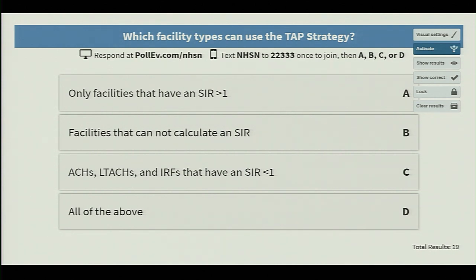You're very familiar with Poll Everywhere by now. Which facility type can use the TAP strategy? And we're just outlining a couple of different facility types. Only facilities that have an SIR greater than 1, like Arcement Medical Center. Facilities that cannot calculate an SIR, or acute care hospitals, LTACs, and IRFs that have an SIR less than 1, or all of the above. Okay?